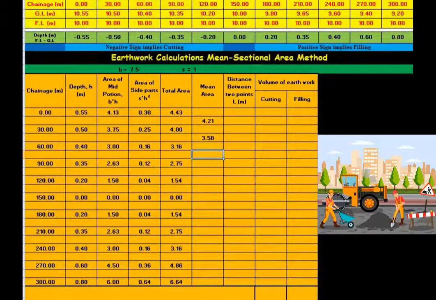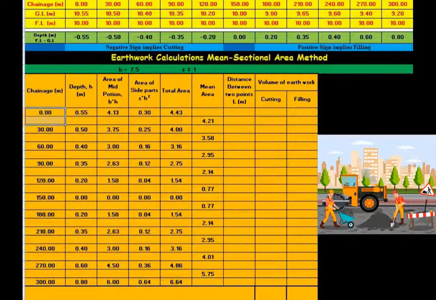We calculate all the mean areas for the different stations, which are 2.95, 2.14, 0.77, 0.77, 2.14, 2.75 plus 3.16 divided by 2 is 2.95, 4.01 and 5.75.